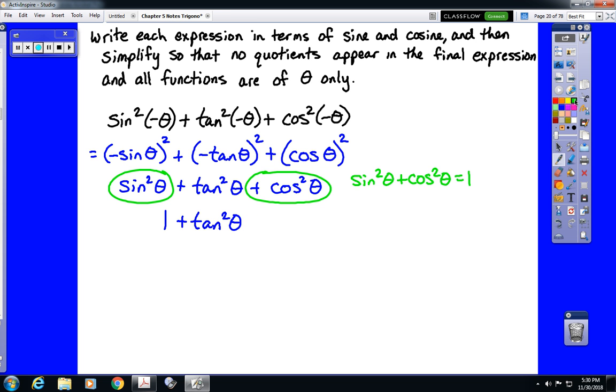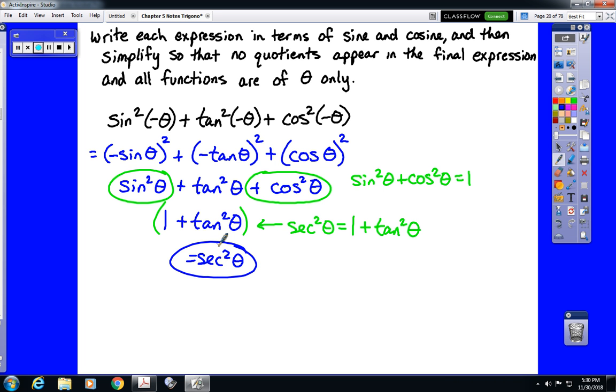And then that should trigger that secant squared theta is exactly that, 1 plus tangent squared. So we can then combine those two terms and turn this into secant squared, which would be our most simplified answer.